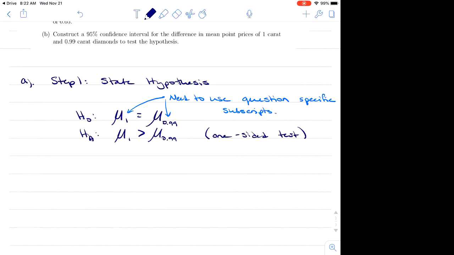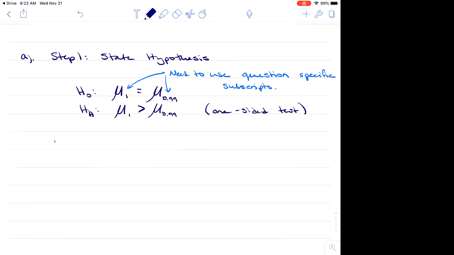Okay, hypothesis. Great, done. How about step 2? Do the test. Do the test means calculate the value that follows the null and alternative hypothesis on your formula sheet.